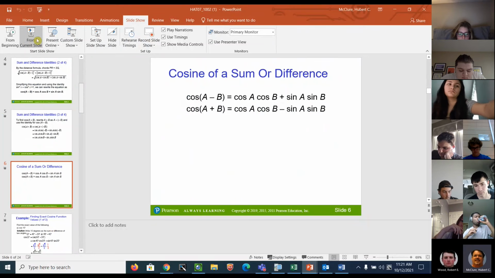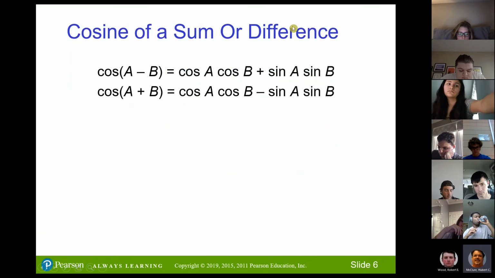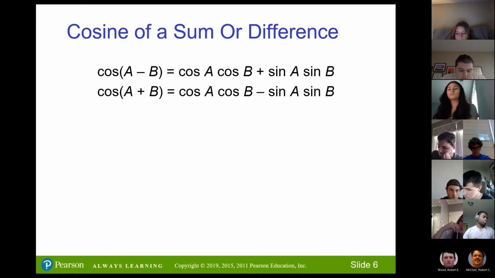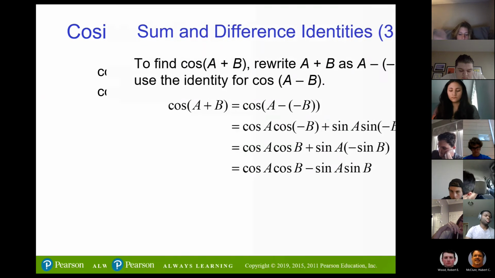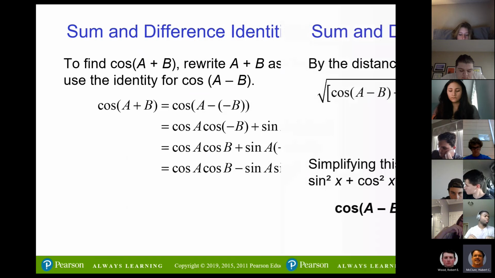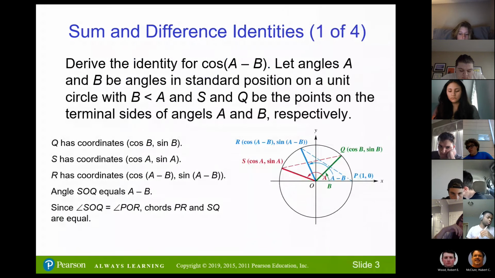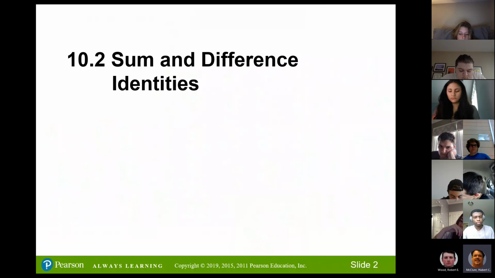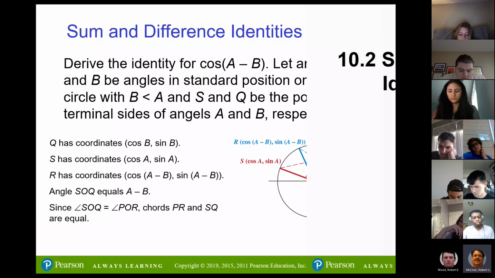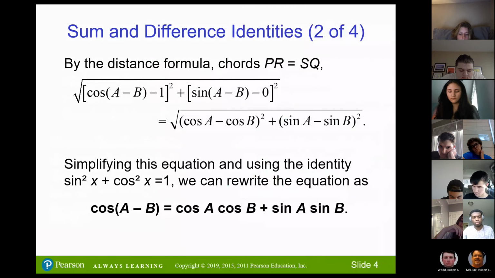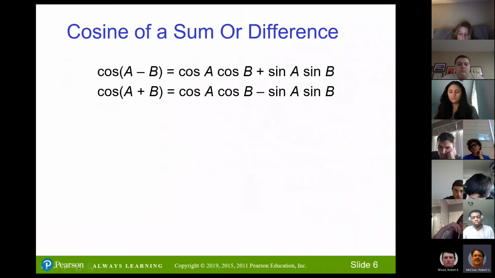So I want you to go ahead and write these down. This is called sum or difference. You should have sine. Hold on. They're doing cosine first. I don't see sine. Yeah, they're going to do, okay. Just making sure. There is the cosine.